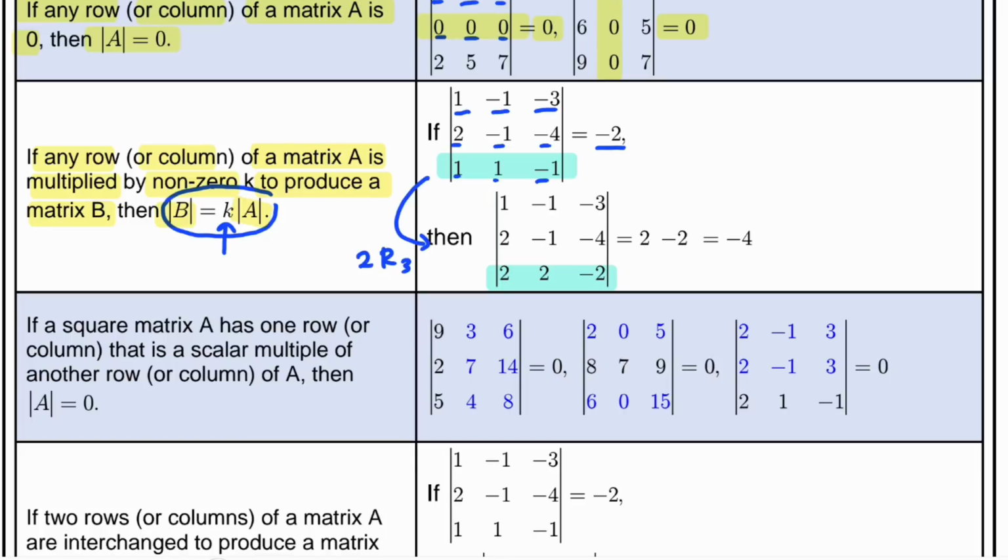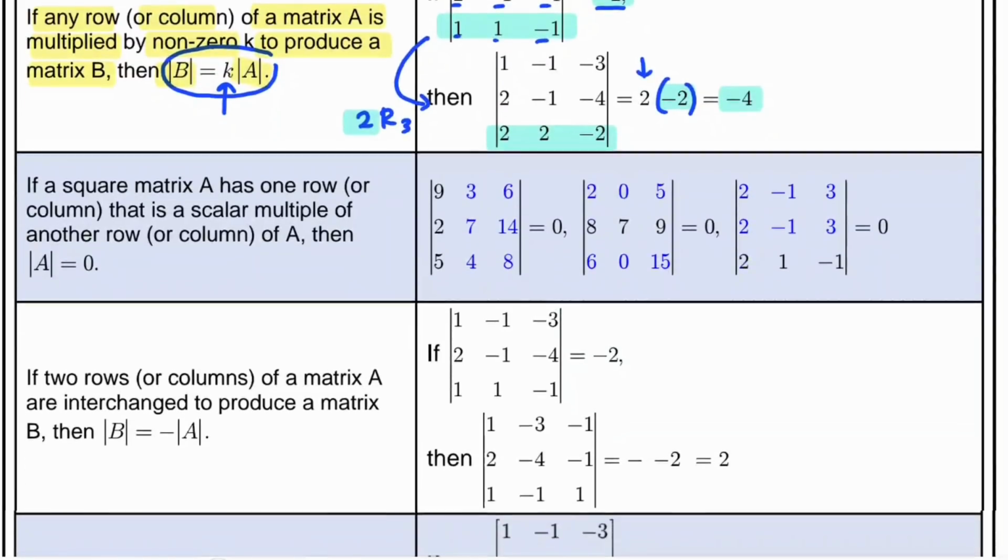So focusing on the constant here, which is 2, to find the determinant you just need to multiply 2 with the determinant from the previous matrix, which is -2. So you will get -4 as the final answer for that determinant.